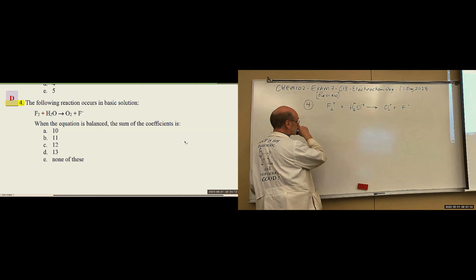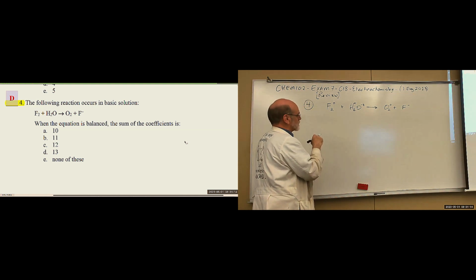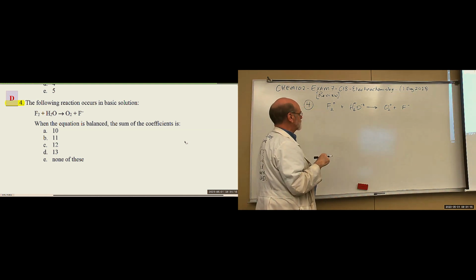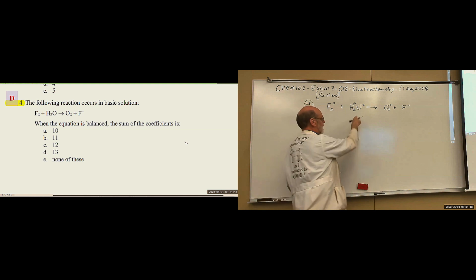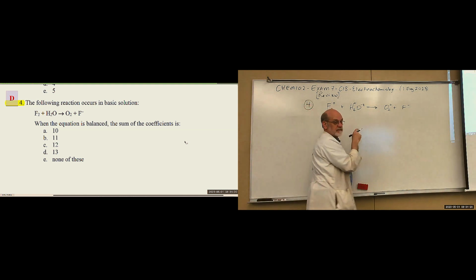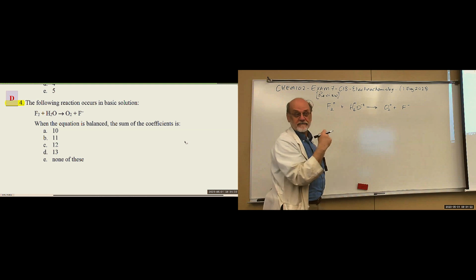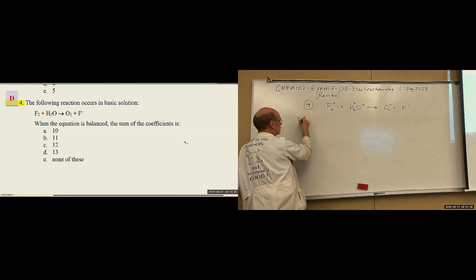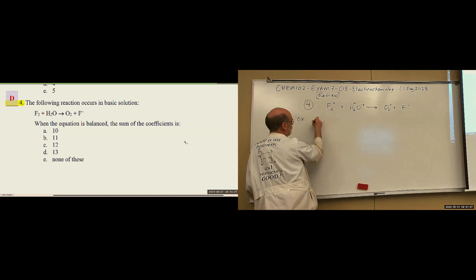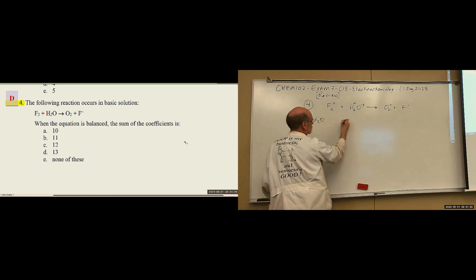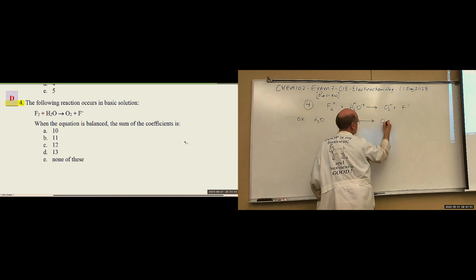Okay. So which is the oxidation step? Oxygen went from -2 to 0. It'll lose 2 electrons, didn't it? So we go from water to oxygen.